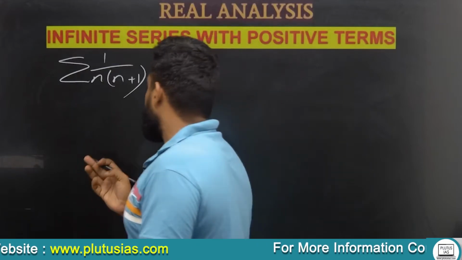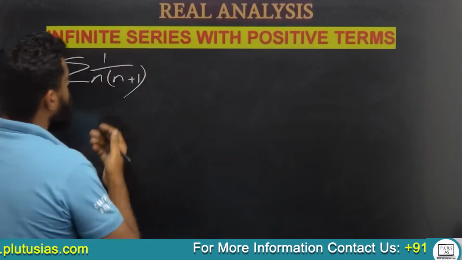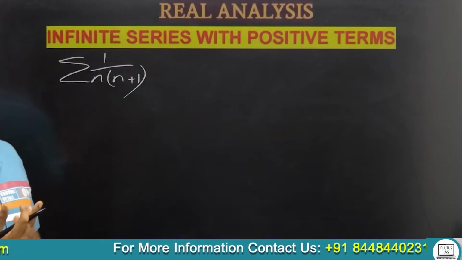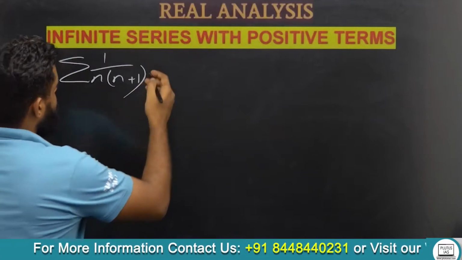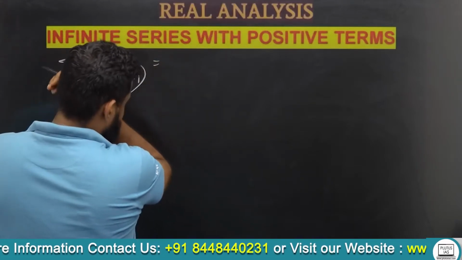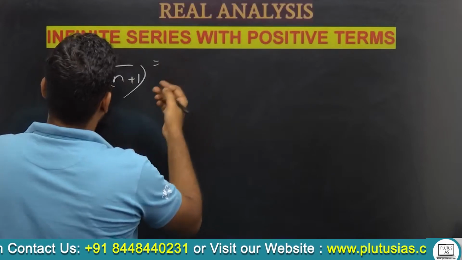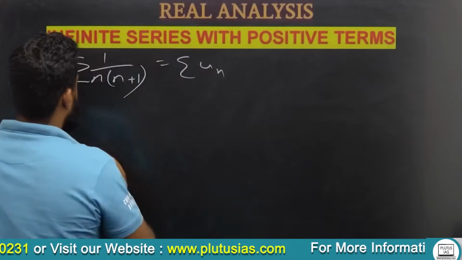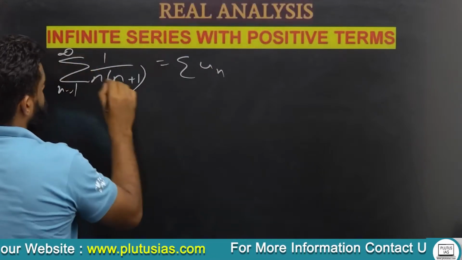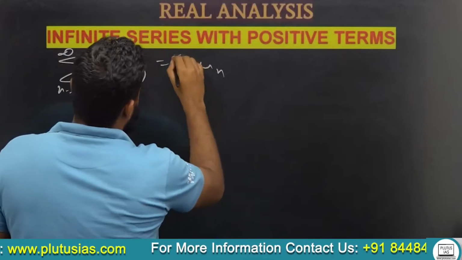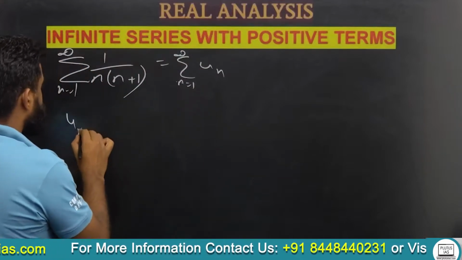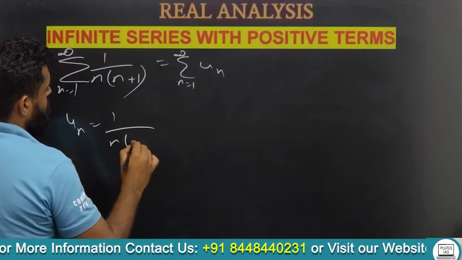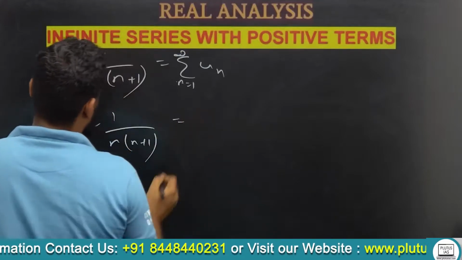If we do partial fractions here, suppose this is equal to the sum of un, n equal to 1 to infinity, where un is equal to 1 upon n into n plus 1.